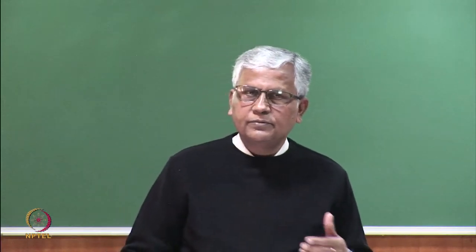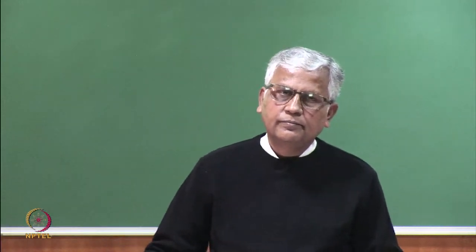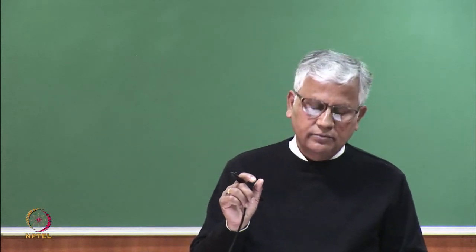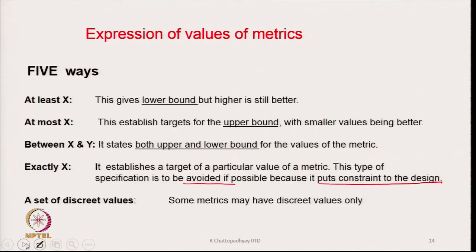So, such a specification of an exact value of the metric should always be avoided. We should always give a little range, so that falling in this range is still okay. A set of discrete values: sometimes a metric may have discrete values only, not continuous.